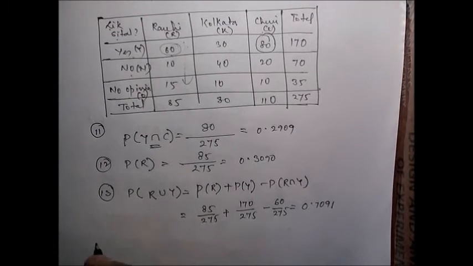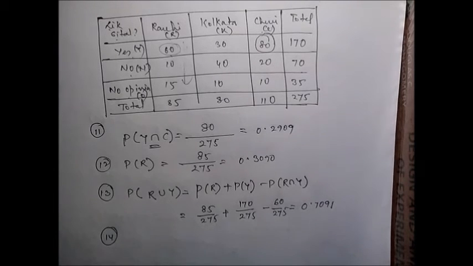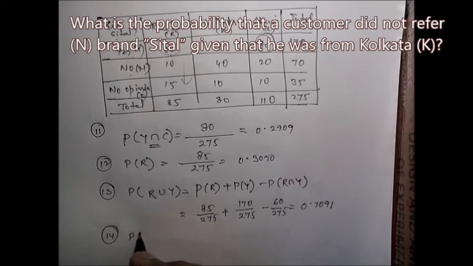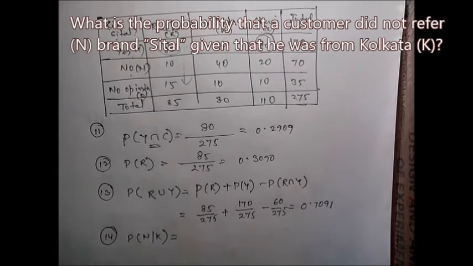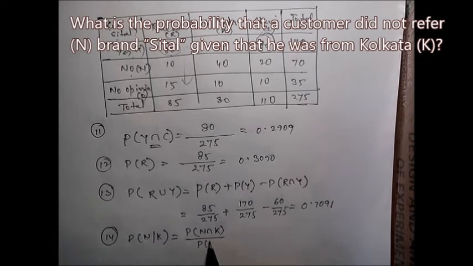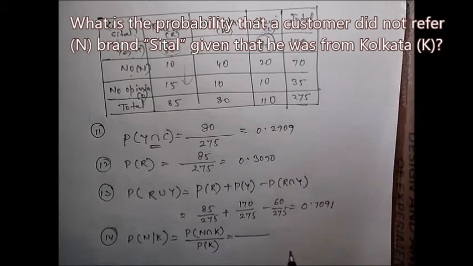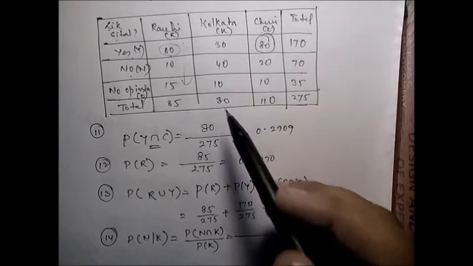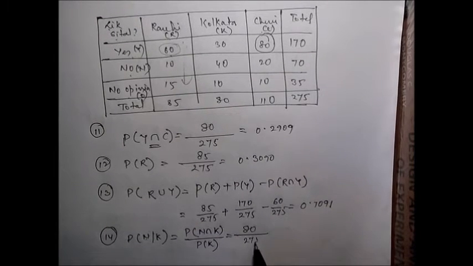Okay. Next. What is the probability that a customer did not prefer brand Sheetal given that he was from Kolkata? We have to find N given K. It's a conditional probability, so it is probability of N intersection K divided by probability of K. Probability of K is the total number of customers from Kolkata, so 80 by 275.